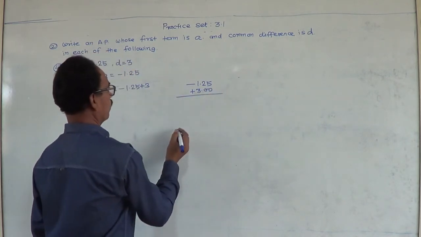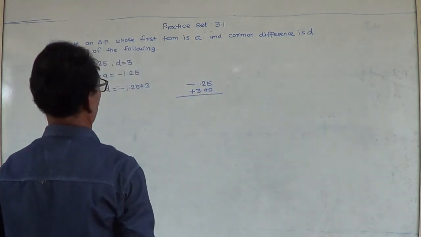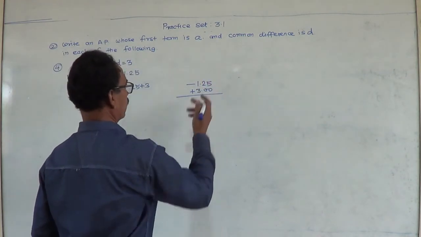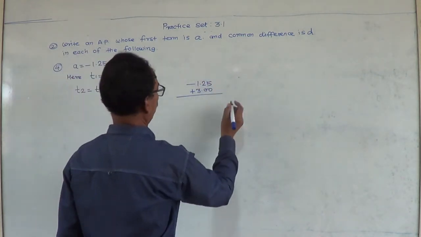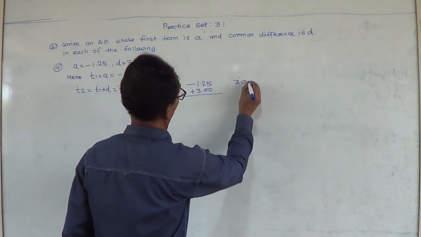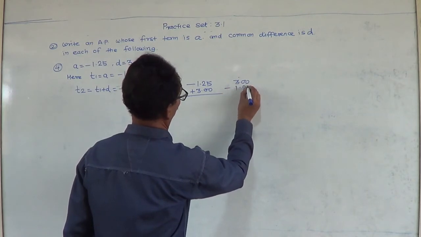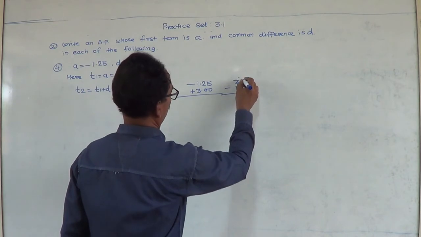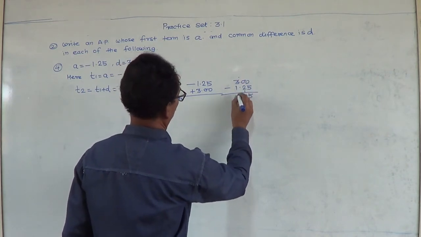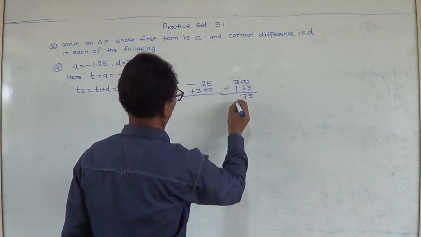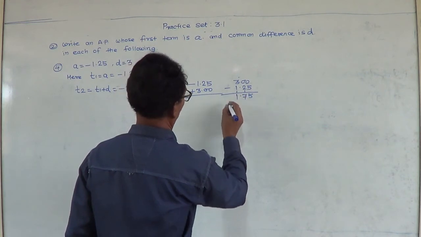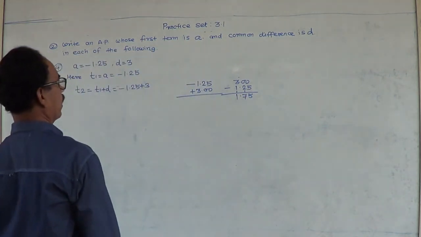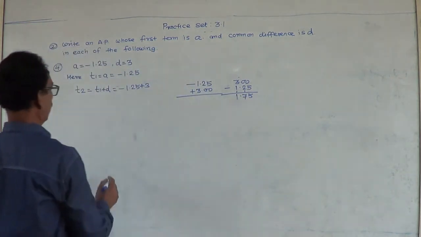So the answer will be equal to 3.00 minus 1.25. So here 10 minus 5, that is 5, 10 minus 3, that is 7, and 3 minus 2, this will be 1. So our answer is 1.75.